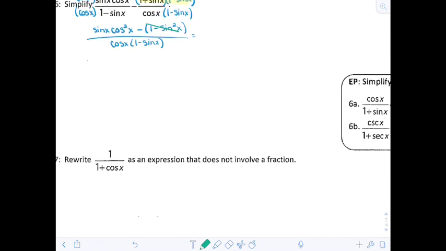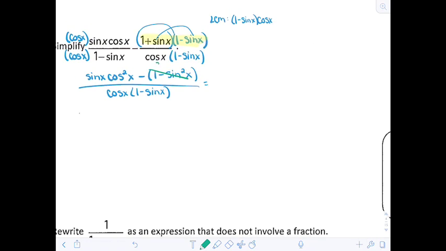So as I go back right here, 1 minus sine squared is cosine squared of x. So I have sine of x times the cosine squared of x minus cosine squared of x over cosine x times 1 minus sine x.